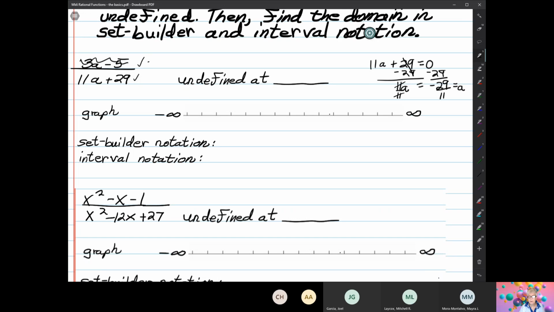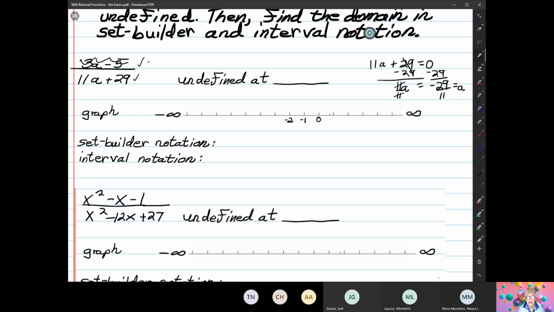My goodness, what is negative 29 over 11? It would be negative 2 and a little bit more. You can look that up in your calculator, but I'm going to estimate where it would be. If this is 0, and this is negative 1, and this is negative 2, then negative 29 over 11 would be a little bit more than negative 2, so it would be located about here.